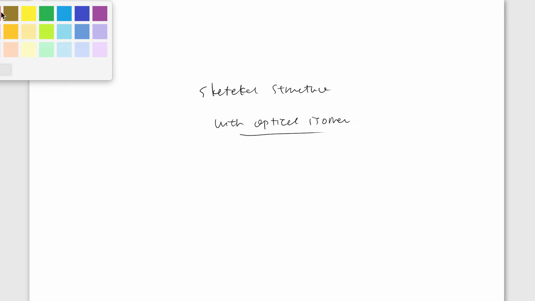Okay, and then the last one for skeletal structure is that sometimes if you have optical isomers, the stereo center must be labeled properly in the skeletal structure. So you need to explicitly label all the stereo carbons.